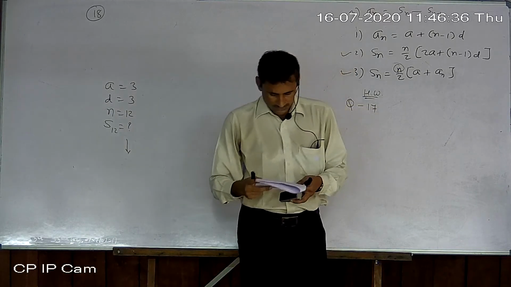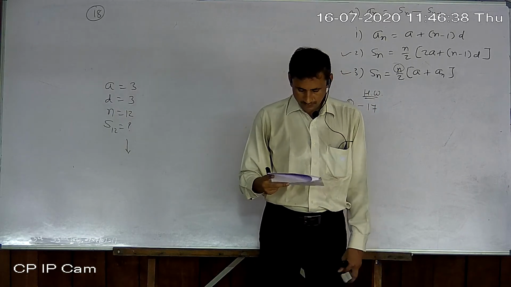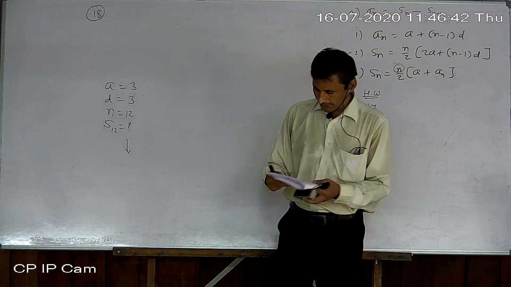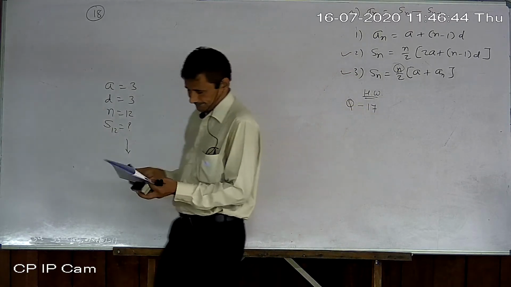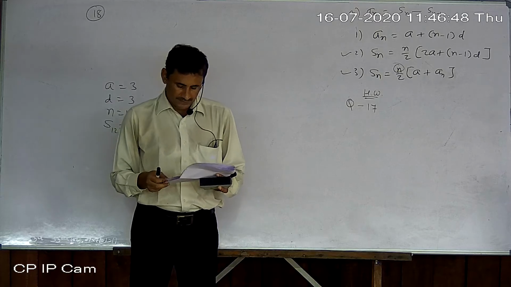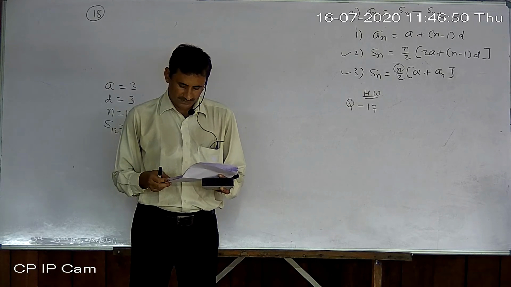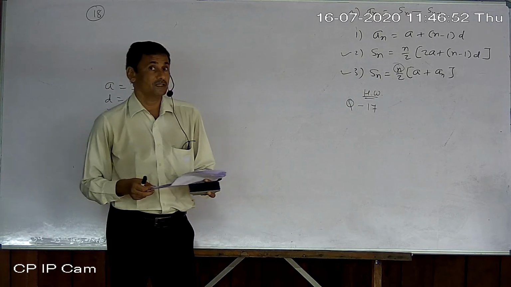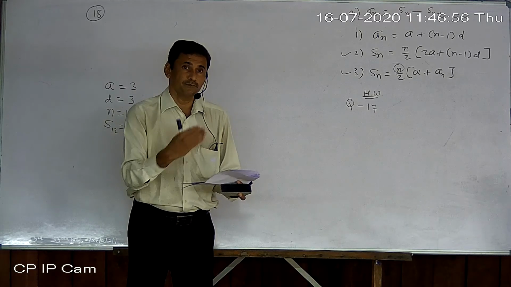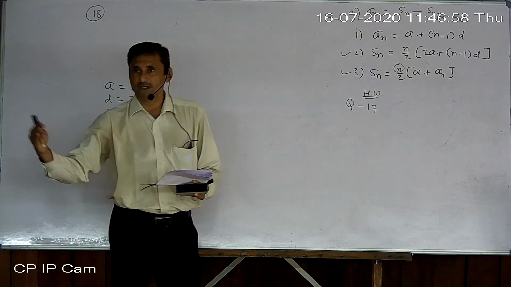Now read carefully. A spiral is made up of successive semicircles with centers alternately at A and B, starting with center at A, of radii 0.5 cm, 1 cm, 1.5 cm, 2 cm, which means the radius is being increased by 0.5 cm.